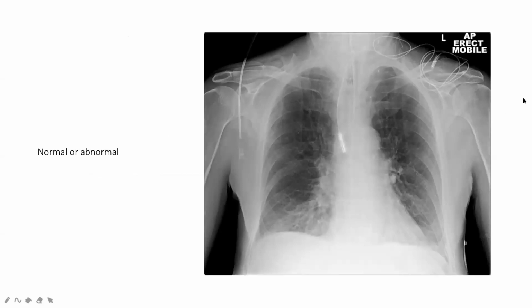Okay, so this is another NG tube position. So do people think this is normal or abnormal positioning?